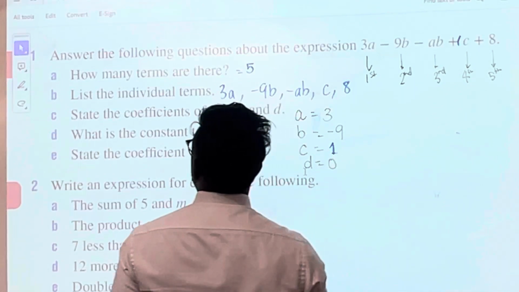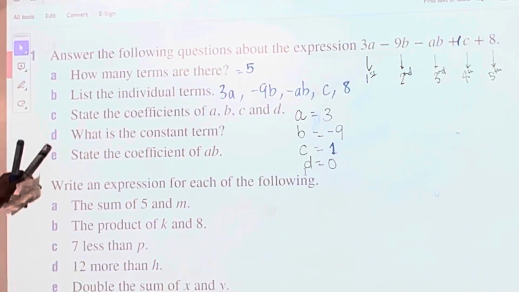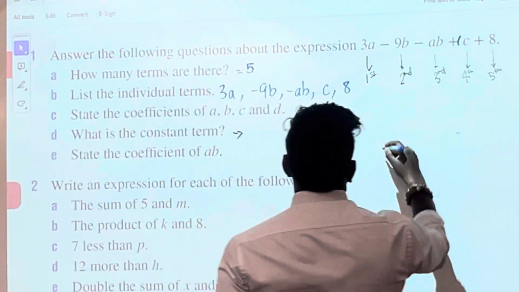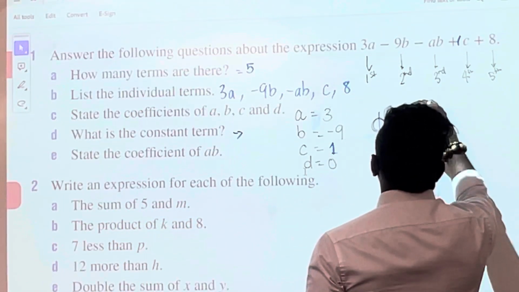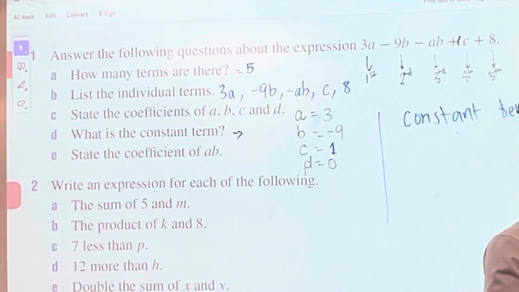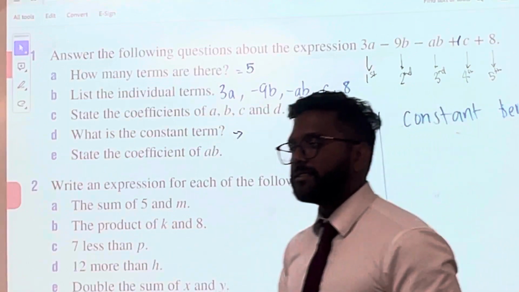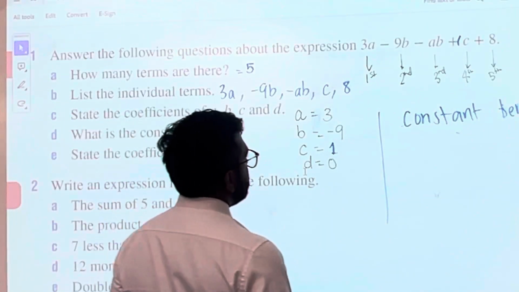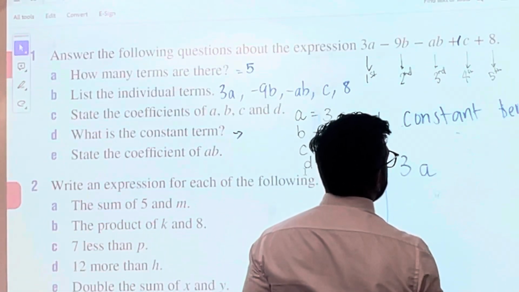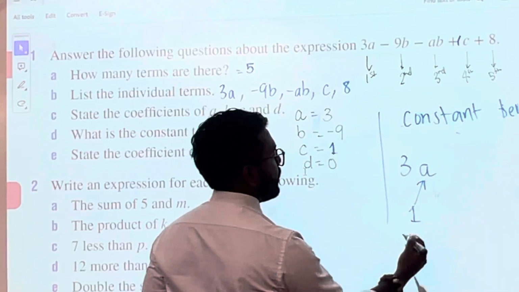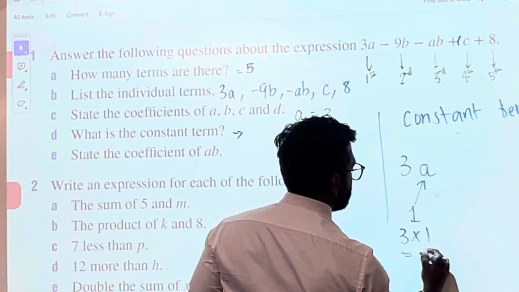Then, it says here, what is the constant term? Now basically, a constant term is something that doesn't change. Hence the word constant. So if I go at a constant speed of 10 kilometers an hour, it's not going to change, right? So for example here, if you have 3a, if I substitute the 1 in here, what's happening? 3 times 1 is 3.